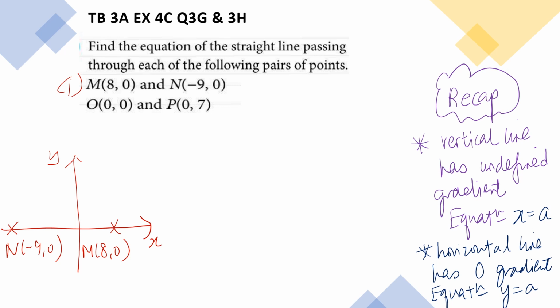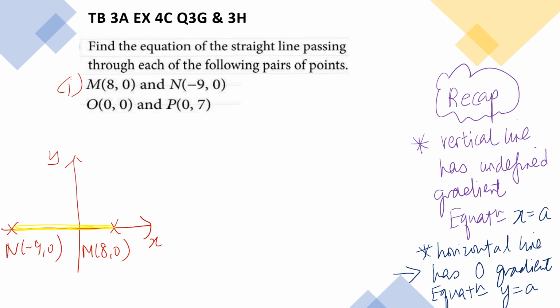So what we are dealing with is a horizontal line. Correct? So for a horizontal line, the gradient is 0. And this will be the situation that we are talking about. Horizontal line, gradient 0. So the value will just be your y coordinate's value. And if you look at the yellow line, the y coordinate will be 0.